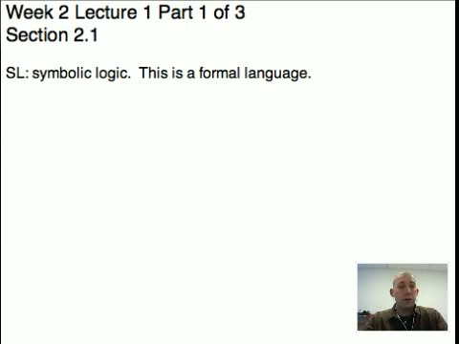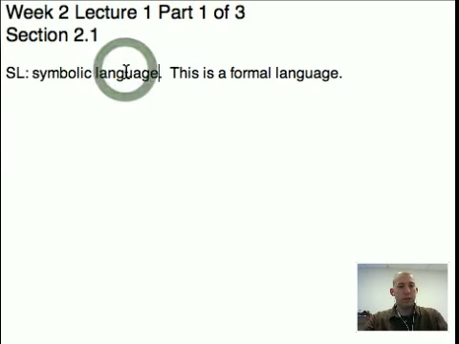So SL, which you might think of as a symbolic language. I think that's what the text calls it, symbolic language. Okay, what this language basically does is its basic units are sentences. So if you remember, the things that we've been interested in so far are what we've called declarative sentences, sentences that can be true or false.